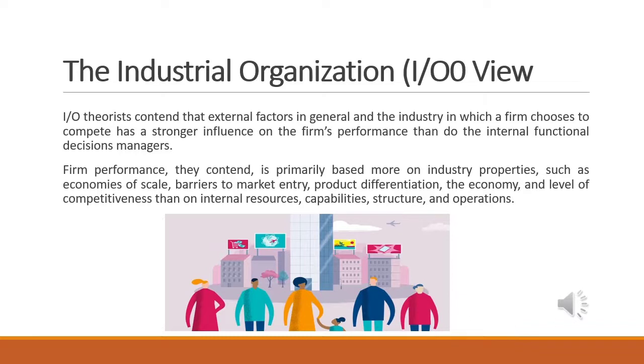Firm performance, they contend, is based more on industry properties such as economies of scale, barriers to market entry, product differentiation, the economy, and level of competitiveness than on internal resources, capabilities, structure, and operations. The global economic recession's impact on both strong and weak firms has added credence of late to the notion that external forces are more important than internal.